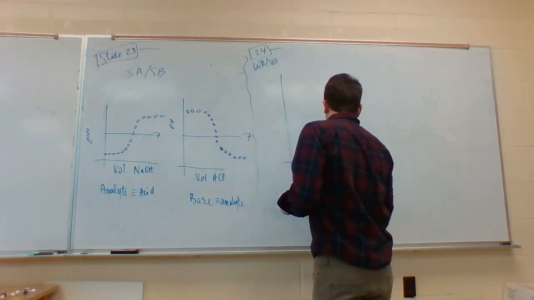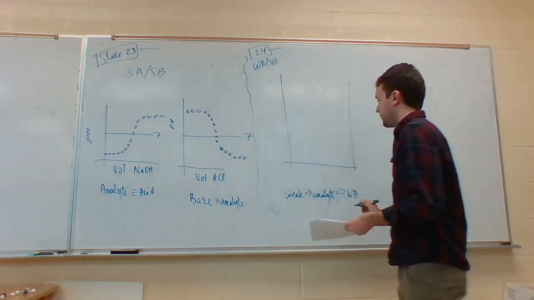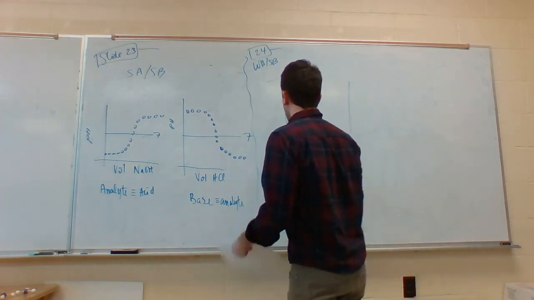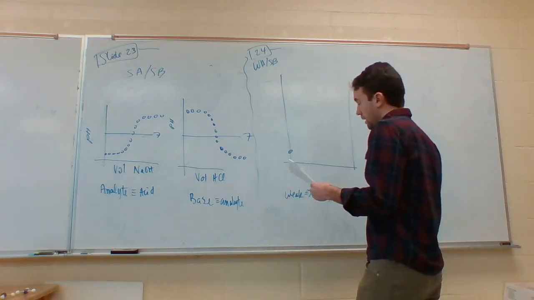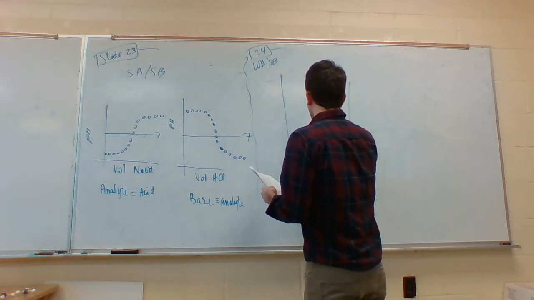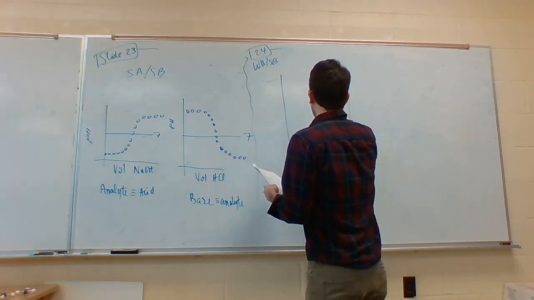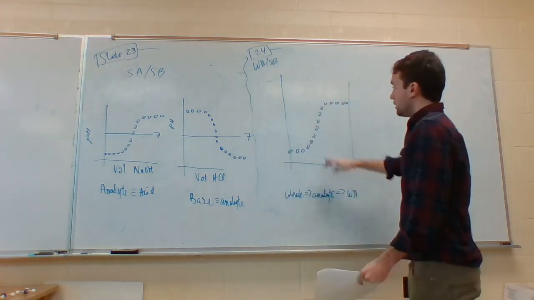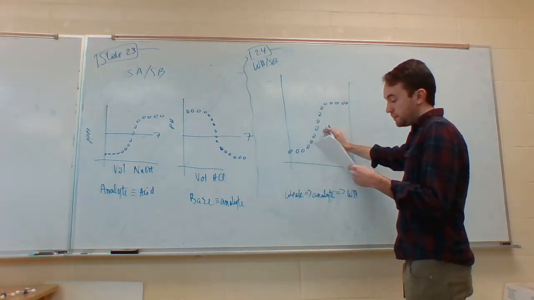So that means that it's going to be our weak acid. So if it's our weak acid, we're going to start at a low pH. And then over time, as we add more and more strong base, we will reach some equivalence point.